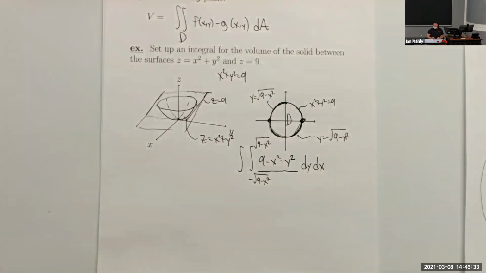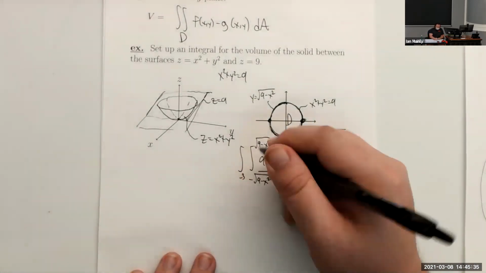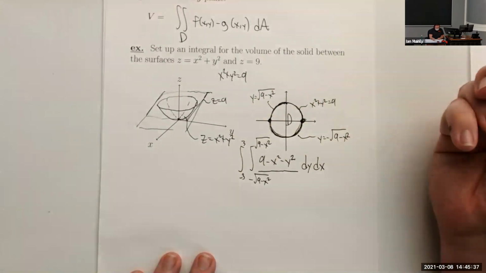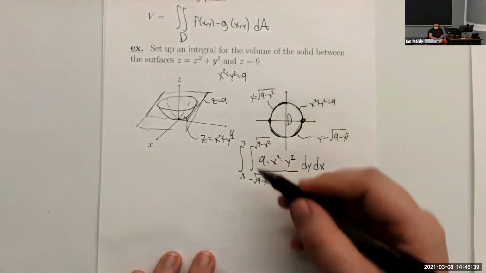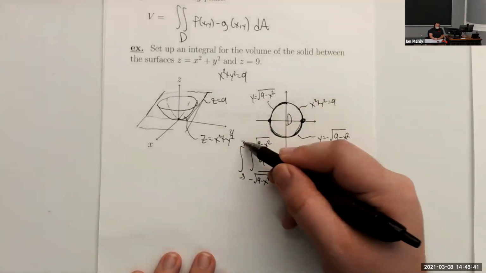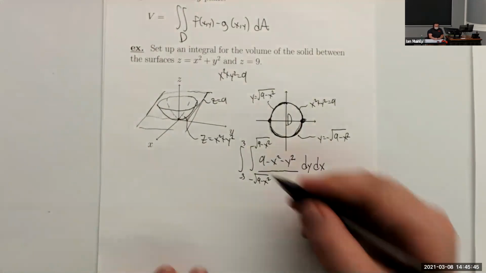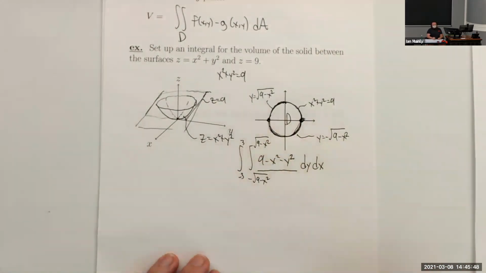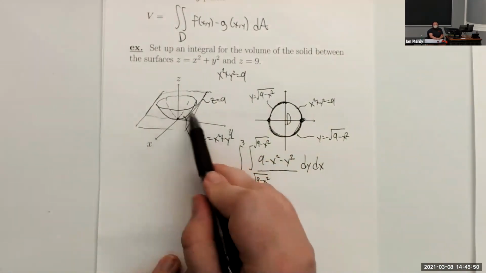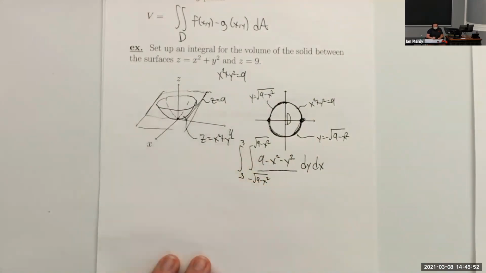Negative 3 to 3, absolutely right. This time I think we could have used symmetry. If you wanted to, you could have used symmetry and done 0 to 3 and then doubled your answer. That's totally fine, because it's the same on either side of the x-axis here.